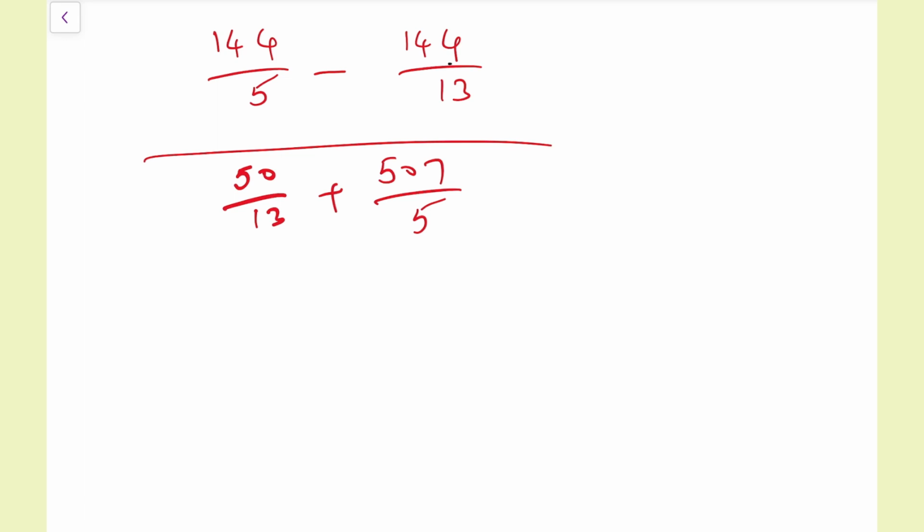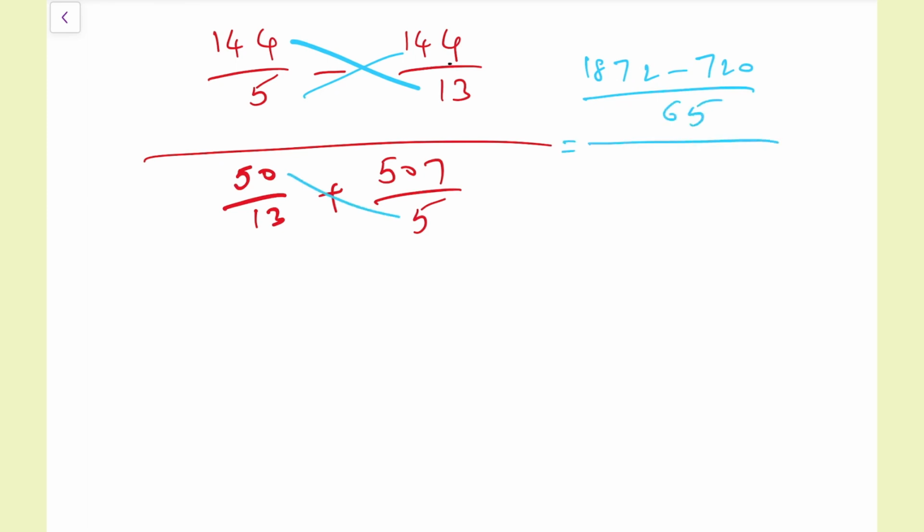Here again denominators are different, so we will do cross multiplication. 144 into 13, 1872, minus 5 into 144, 720, divided by 5 13s are 65, whole divided by 50 into 5, 250, plus 13 into 507, 6591, divided by 13 5s are 65.